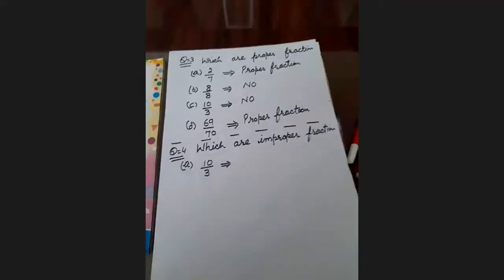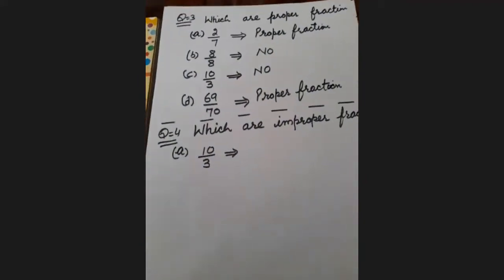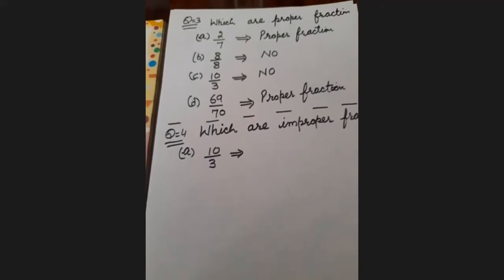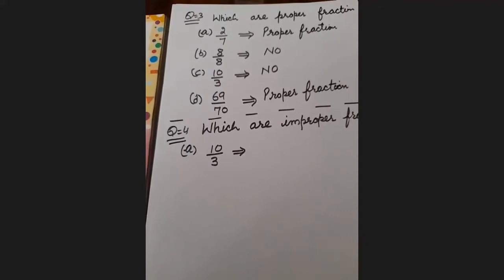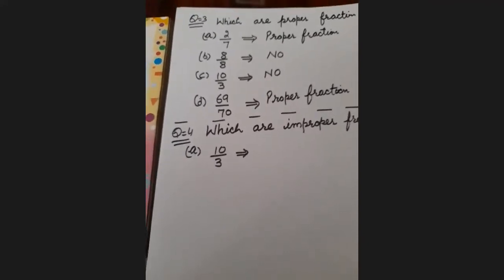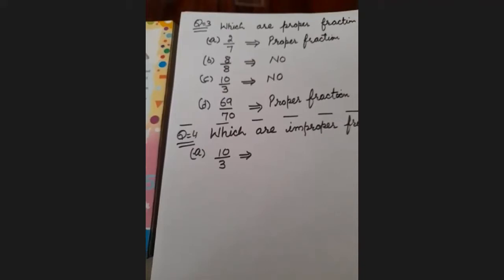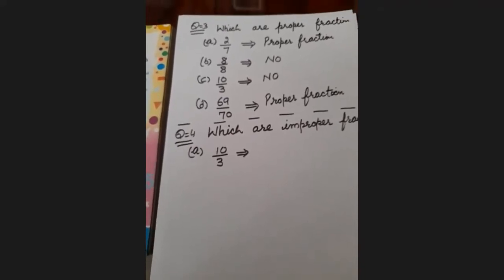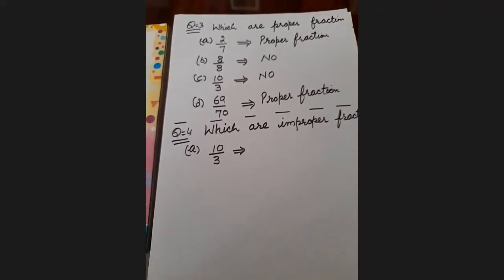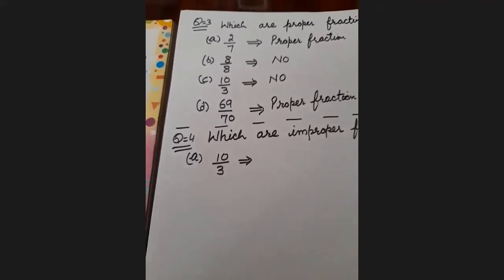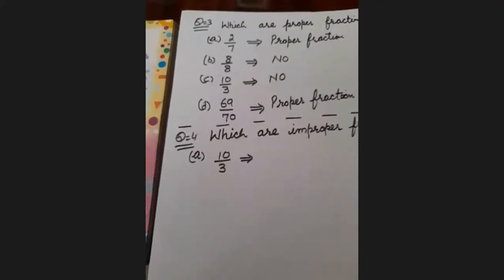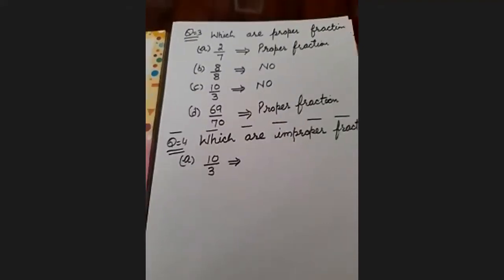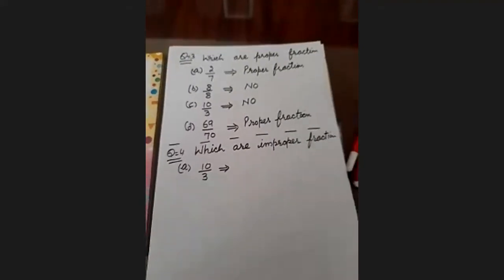Yes, friends. Your first number is 10 upon 3. Now, numerator is 10 and denominator is 3. Numerator is greater than its denominator. Yes, friends. If our numerator is greater than its denominator, then these type of fractions are improper fractions. Now here numerator 10, denominator 3. 10 is greater than 3. So this is an improper fraction.